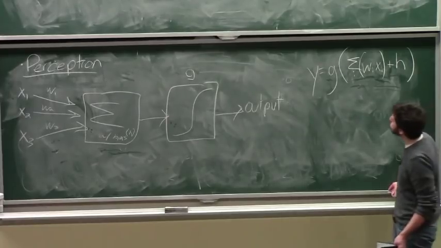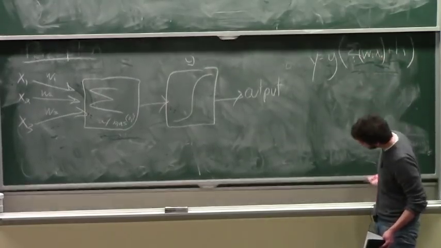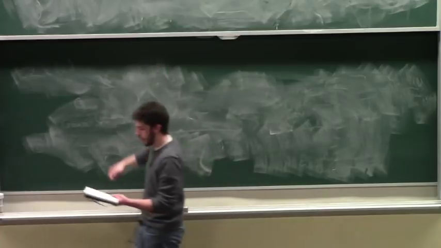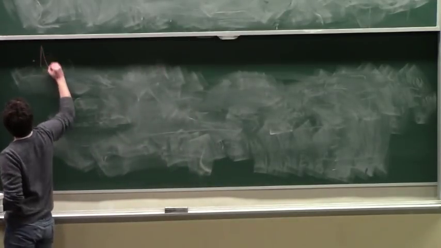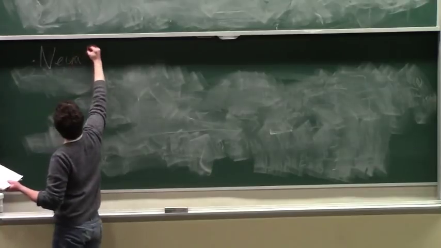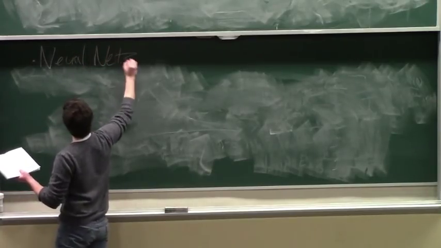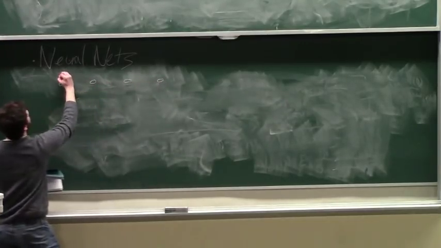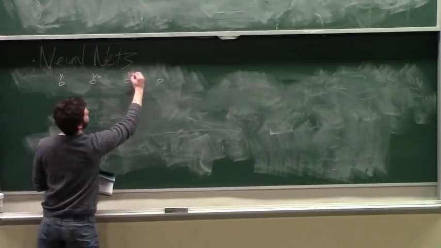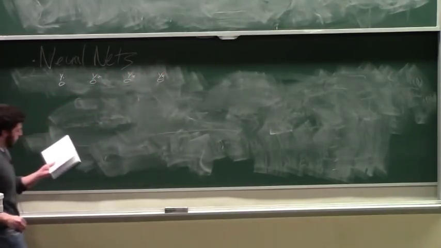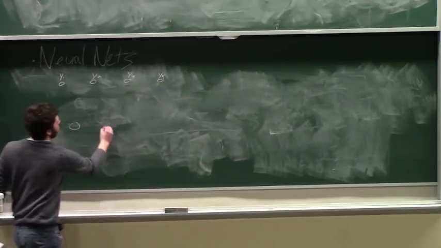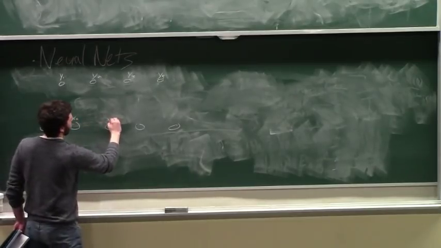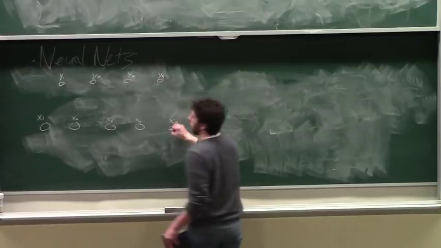All right, so we can construct a network using a bunch of these things, and we can change how we're formatting things a little bit. So we're going to talk about neural nets. So you'll have output nodes. This may be y1, y2, y3, y4. And then you'll have some input nodes, x1, x2, x3, x4, x5.